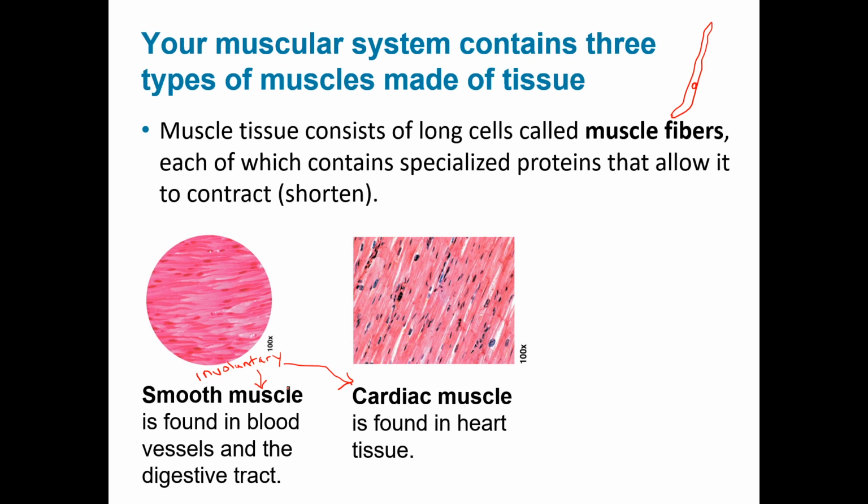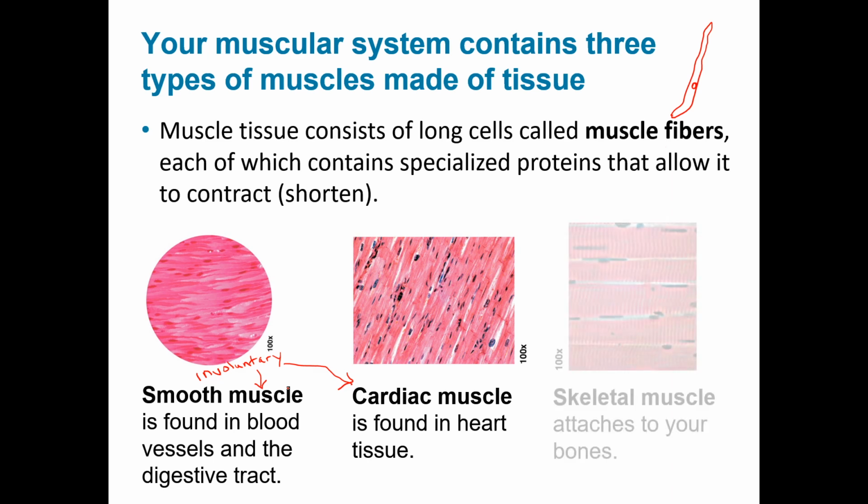There are built-in electrical bundles inside your heart that are causing your heart to continue to beat, and there's also outside input though that can influence that, but it's involuntary. To some degree you can control your heart rate by meditating or other things to slow it down a little bit, but most people can't actually stop their heart by focusing on it. That's only found in heart tissue.